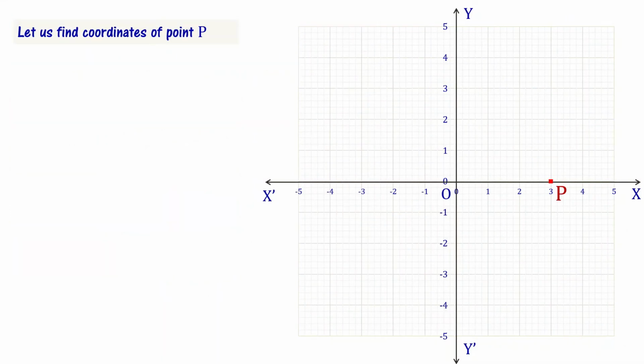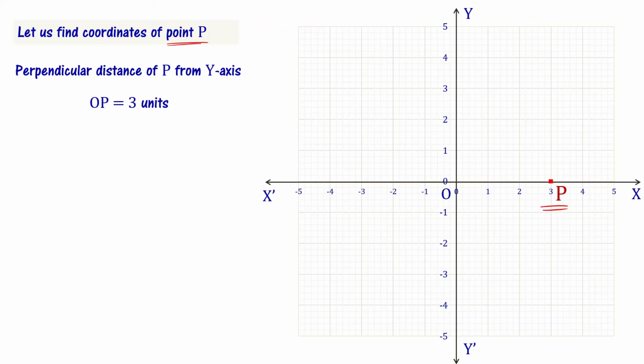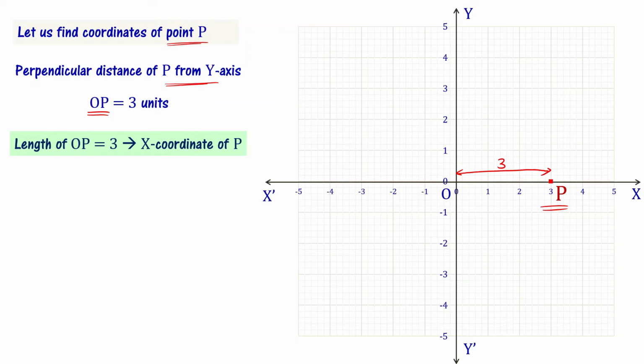Let us now find the coordinates of point P. If you look at point P, it is on the x-axis, right? So if you observe the perpendicular distance of P from the y-axis, what is the perpendicular distance from the y-axis? It is 3 units, right? That is the length of line segment OP, which is equal to 3 units. So we call this the x coordinate of P, because it is the perpendicular distance of P from the y-axis. That's why it is called the x coordinate of P, right?